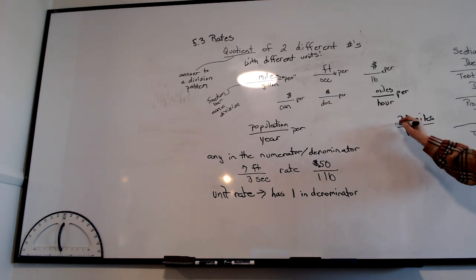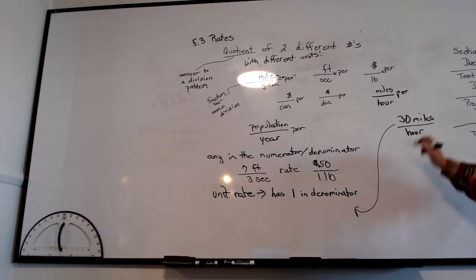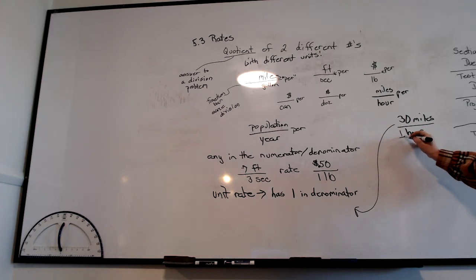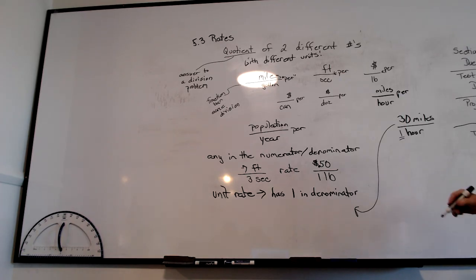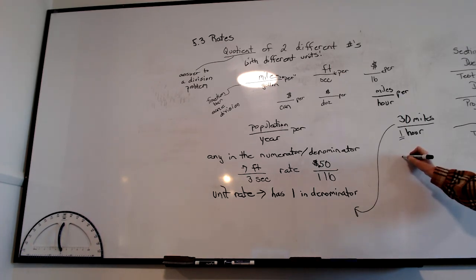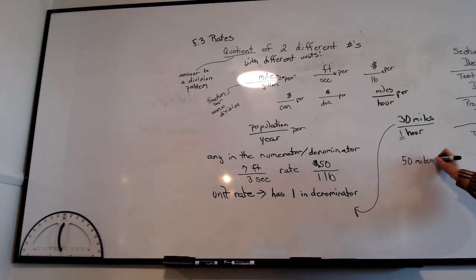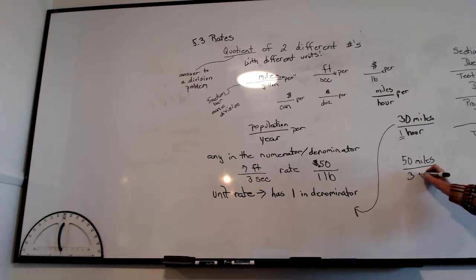This is a unit rate, because it has an assumed 1 in the denominator. If I'm talking about miles per gallon, I don't usually say I get 50 miles per 3 gallons. You hardly ever hear that, right?